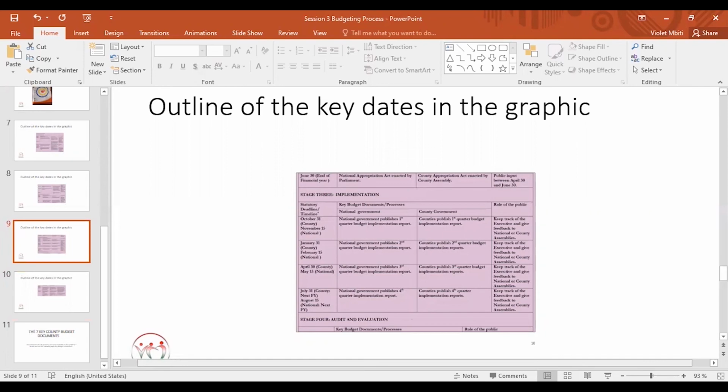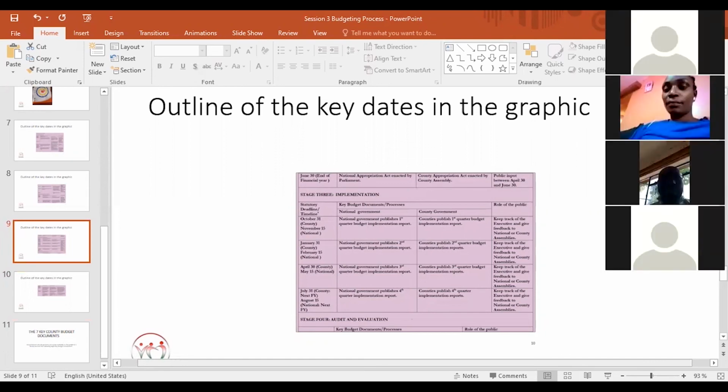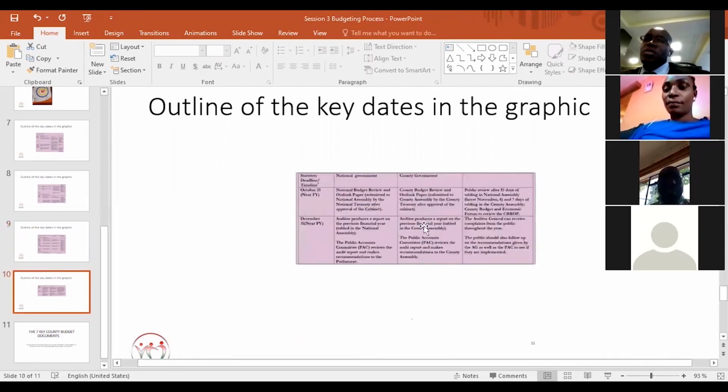And also, during the audit stage, you can visit the Auditor General's website, and you can see what the auditor said with regard to how Machakos County utilized the resources that they were given.